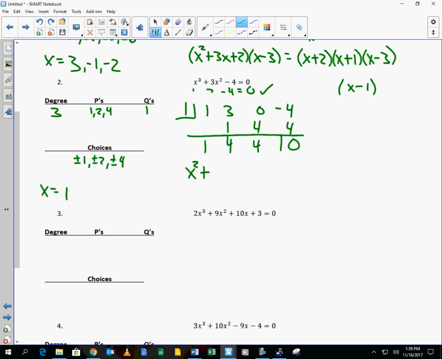So it looks like you get x squared plus 4x plus 4 times x minus 1. Turns out it did factor. We're just not intelligent enough to see it. And when I say we, I'm including myself. I don't see how it factors, but the math does work. And we factor that to x plus 2 times x plus 2 times x minus 1.